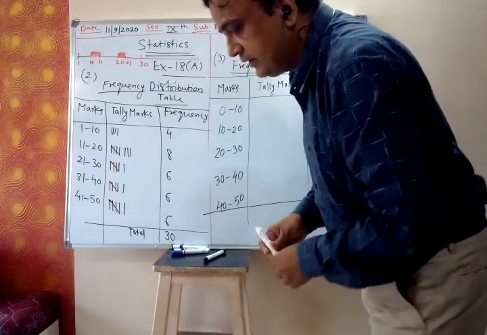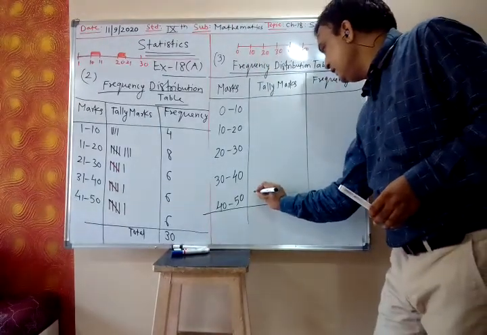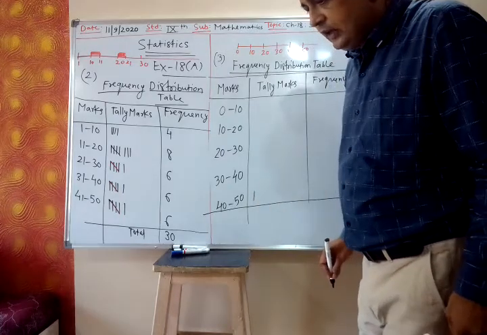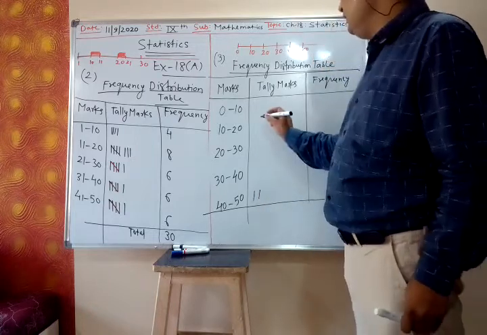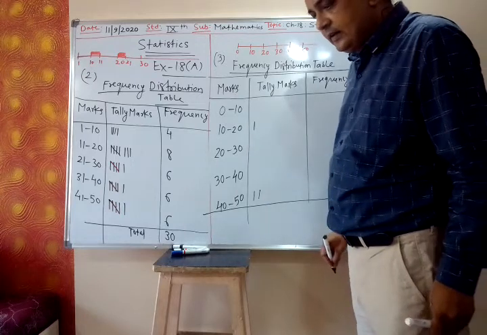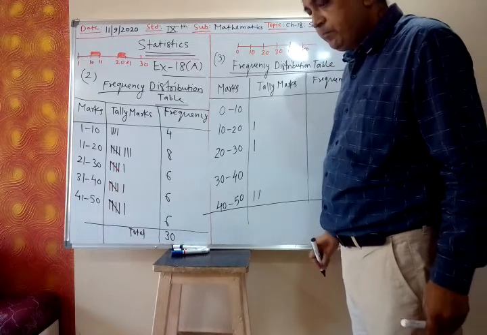First it is 45. 45 I will write in this 40 to 50. Then 48, same. Then 15. 10 to 20 we write 15. Then 23, between 20 to 30.